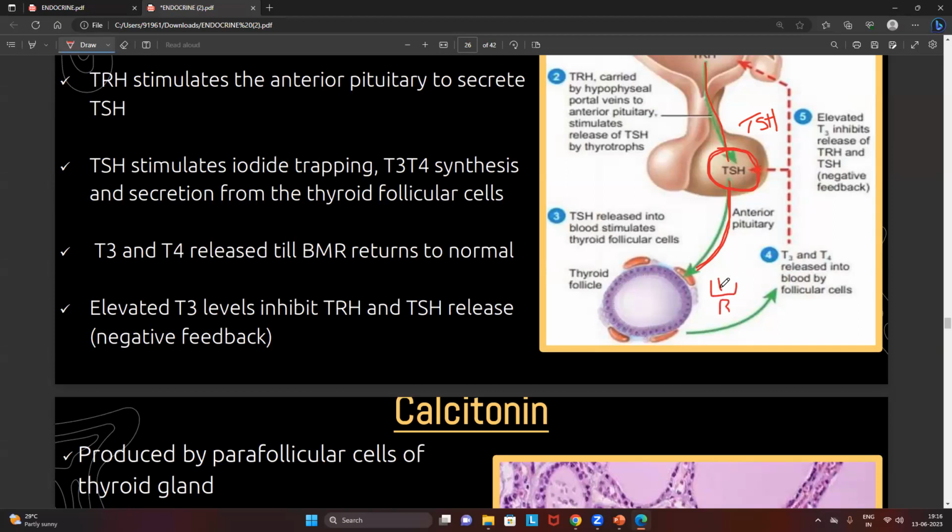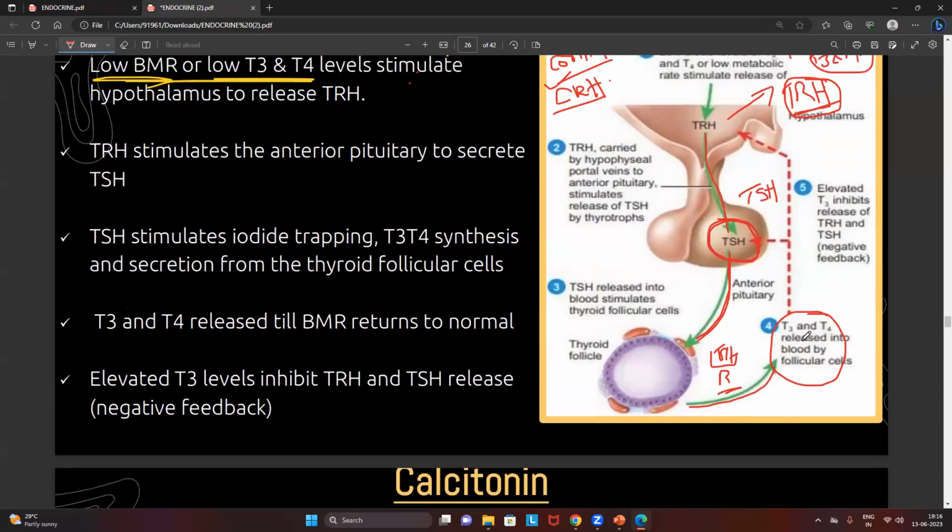To that receptor, the TSH will come and attach. The moment TSH attaches to the receptor on the thyroid follicle cell, the cell is immediately activated and releases T3 and T4 into the blood. Then T3 and T4 will bring the BMR back to normal.